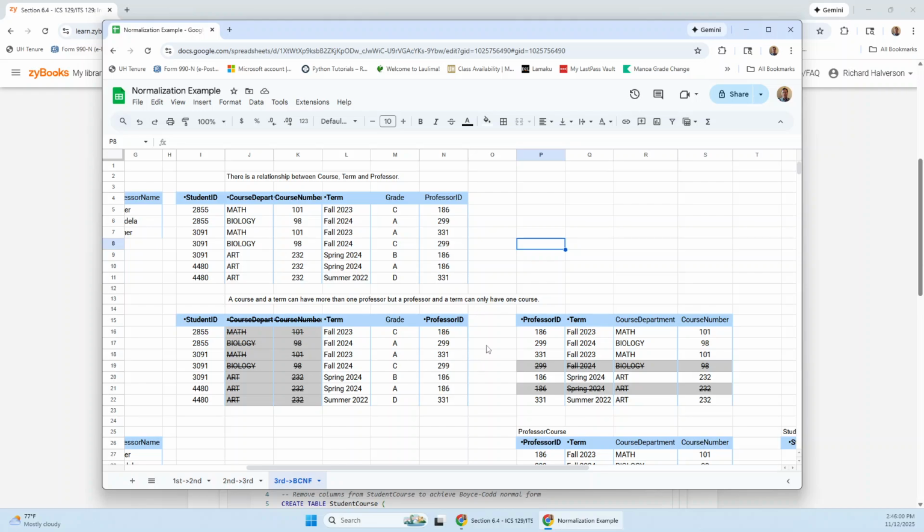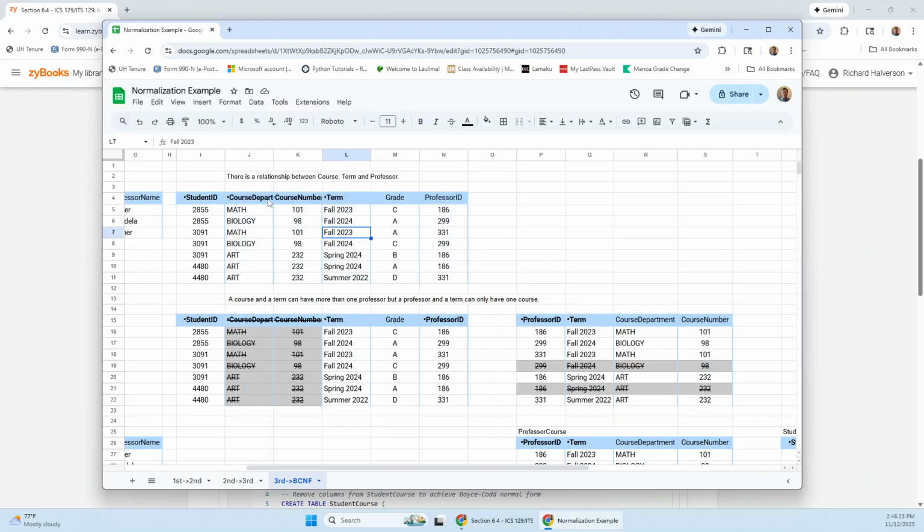Now once we create this table here, if we remove student ID, this doesn't have anything to do with the student's ID, right? This only has to do with these three columns and this column.